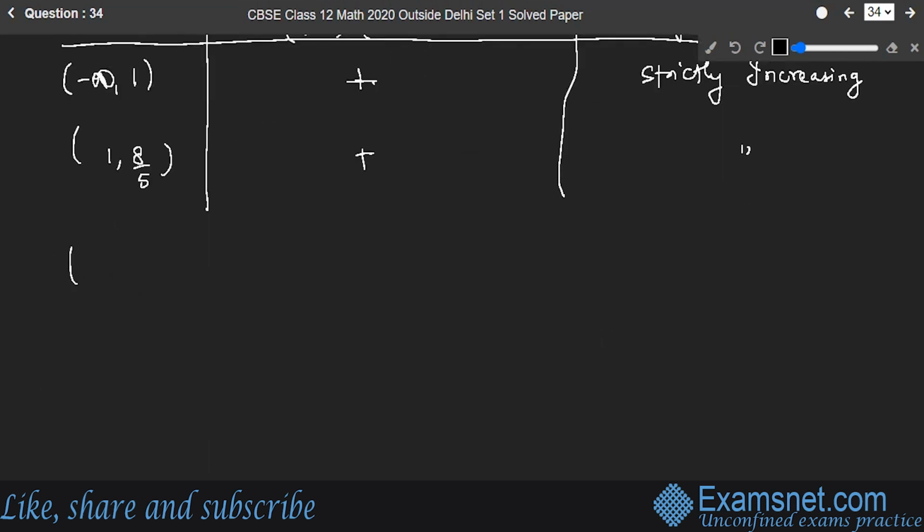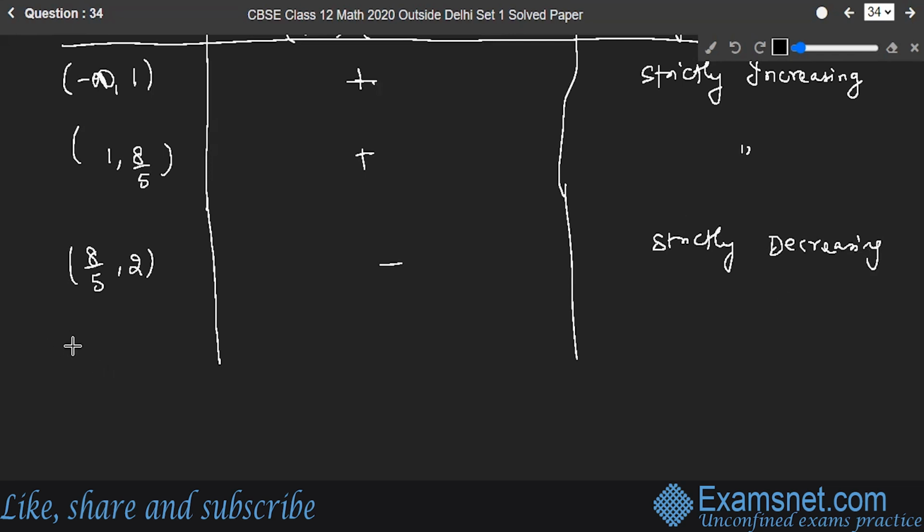From 8 by 5 to 2, it will be negative, so decreasing. And from 2 to infinity, positive, so strictly increasing.